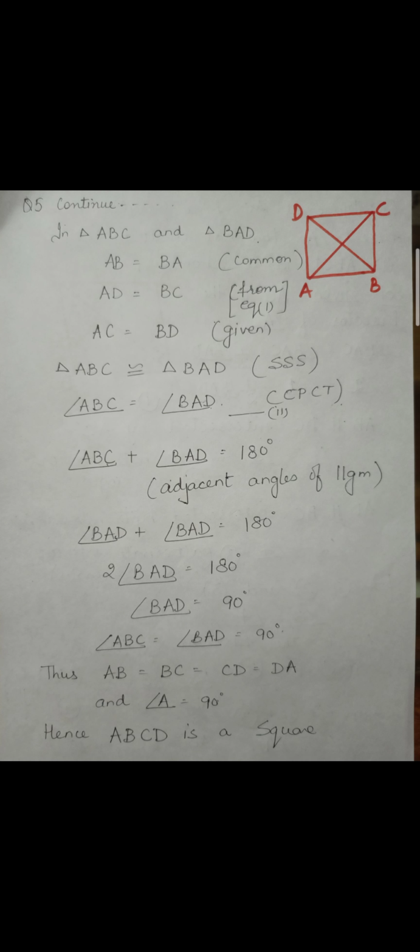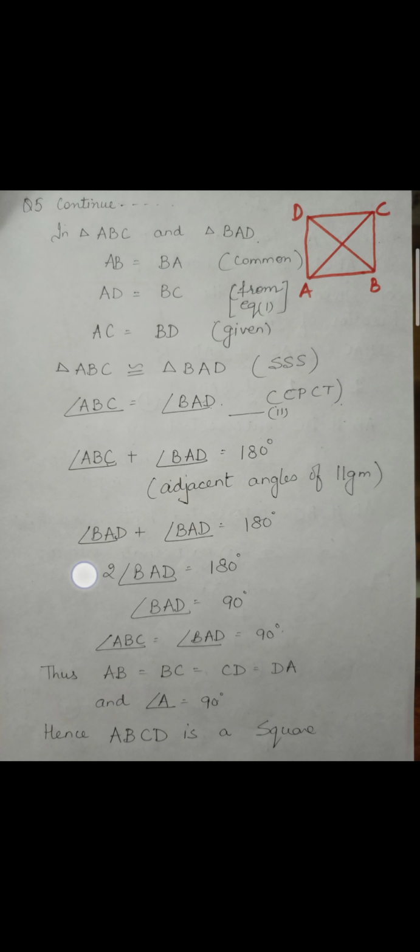If triangles are congruent, then angle DAB is equal to ABC. That means complete angle A and angle B are equal. We are writing it as BAD and CBA, or ABC. So these are the adjacent angles of the parallelogram. Adjacent angles of a parallelogram are supplementary. So ABC plus BAD is equal to 180 degrees. ABC and BAD are equal.